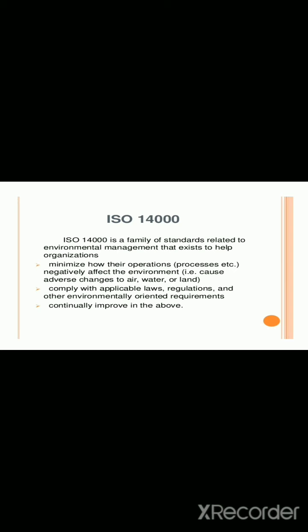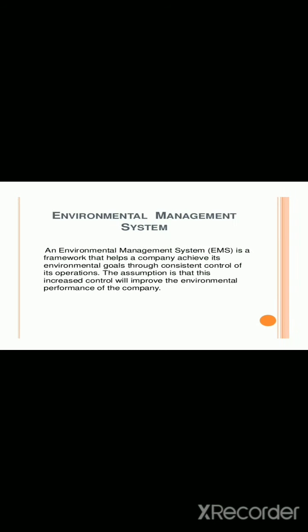ISO 14000 is a family of standards related to environmental management that exists to help organizations minimize how their operations or processes negatively affect the environment, that is, cause adverse changes to air, water or land; comply with applicable laws, regulations, and other environmentally oriented requirements; and continually improve the above environmental management system.